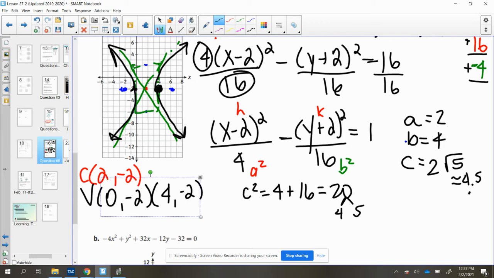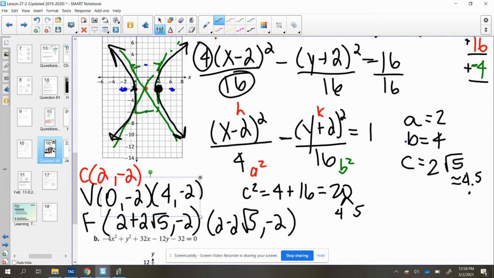And then we had the foci on these. We don't really talk about the covertices with these, which were even more to the right and the left. They were at 2 plus 2 square root 5, comma negative 2. And then when we move to the left, 2 minus 2 square root 5, negative 2.